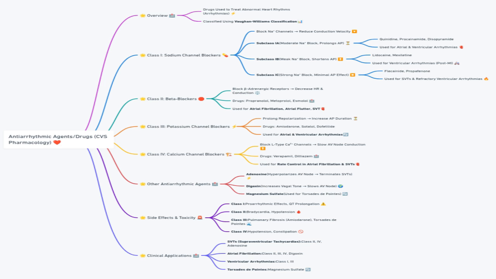Class 4, like I said, has to do with the calcium channels. So the action is the blockade of the cardiac calcium currents. It slows conduction in the regions where the action potential upstroke is calcium dependent, for example in the SA node and the AV node.